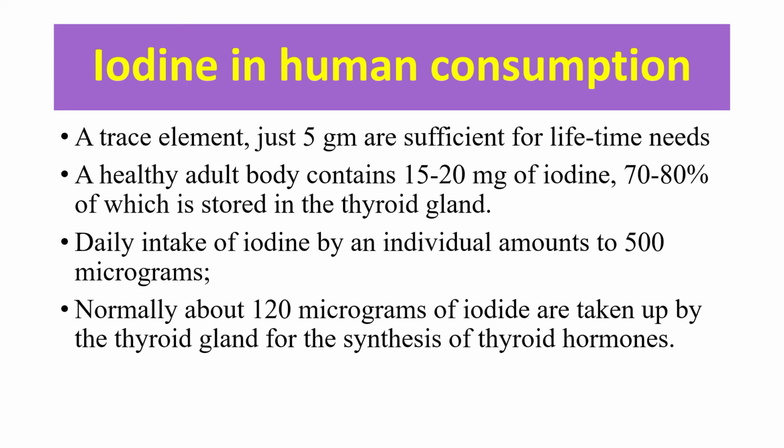A healthy adult body contains just 15 to 20 milligrams of iodine, the majority of which is stored in the thyroid gland. The daily intake of iodine is around 500 micrograms, out of which 120 micrograms are taken up by the thyroid gland for synthesis of thyroid hormones.